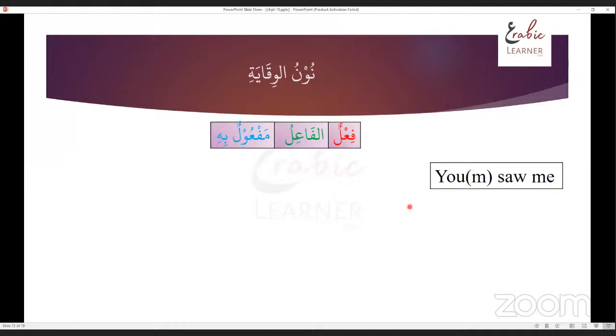Here, saw is Faai'l. Faai'l is you, which is masculine, and Mafool Bihi is me. There is no dispute in this. So this is Faai'l, and this you can say is Mafool.